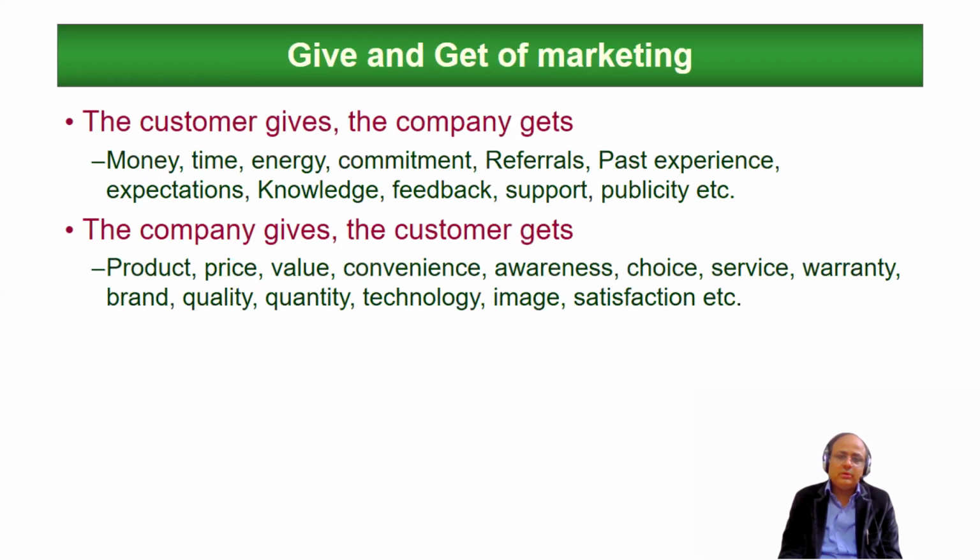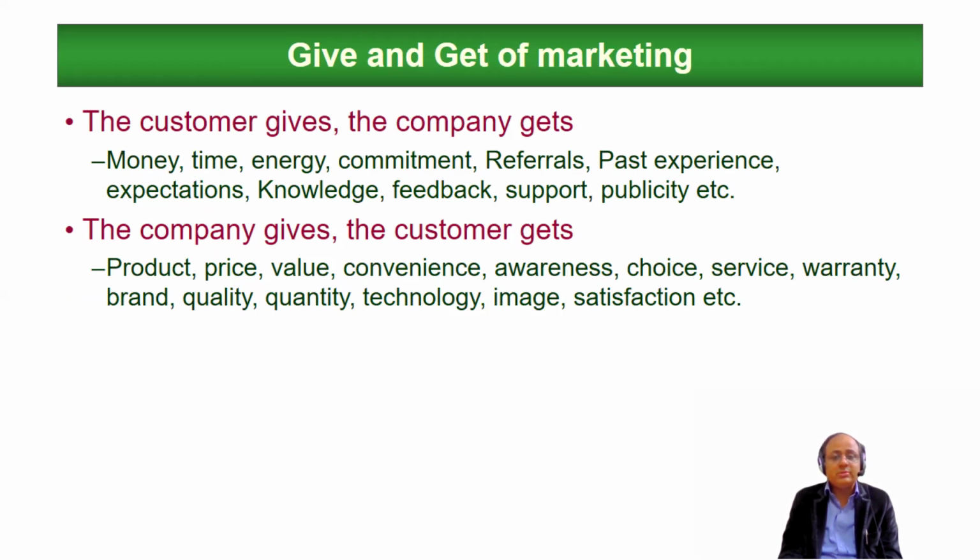As a customer, when you talk about pricing, the customer gives and the company gets. The customer gives money, time, energy, commitment, referrals, past experiences, expectations, knowledge, feedback, support, and publicity. Whereas a company gives the customers the product, price, customer value, and convenience.